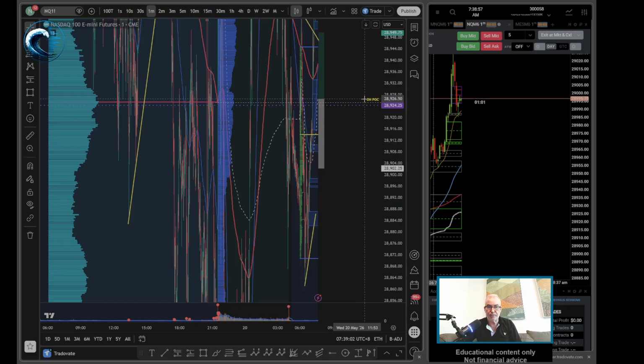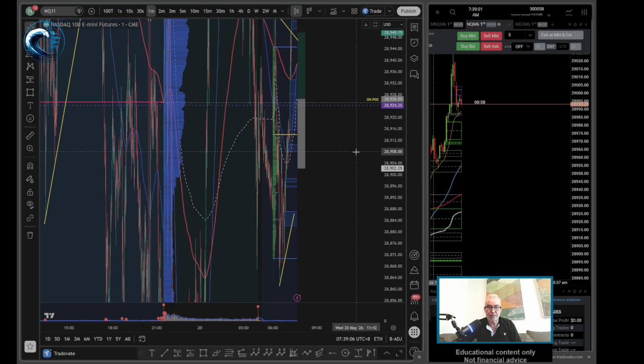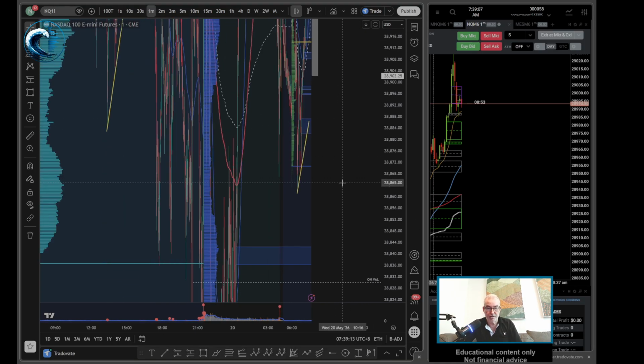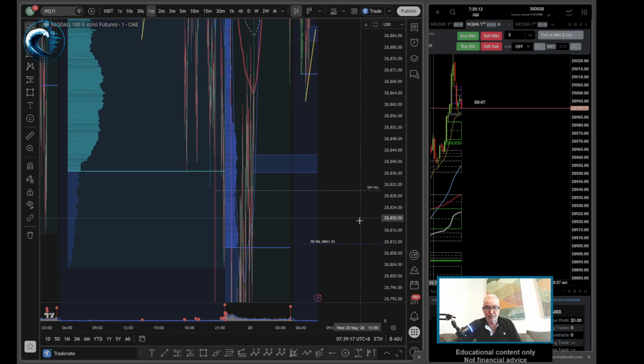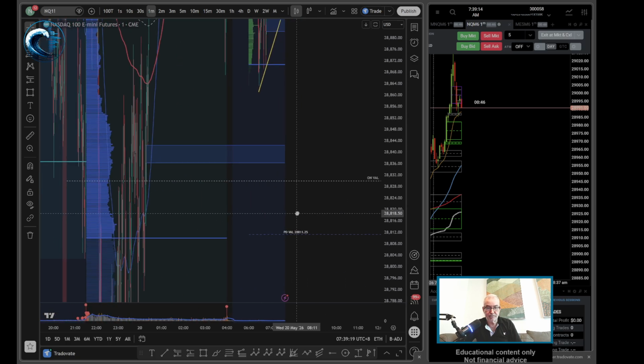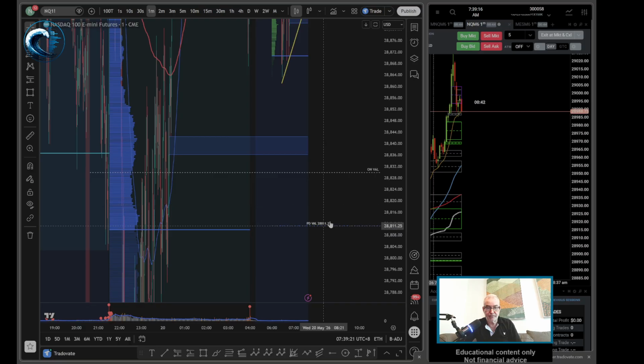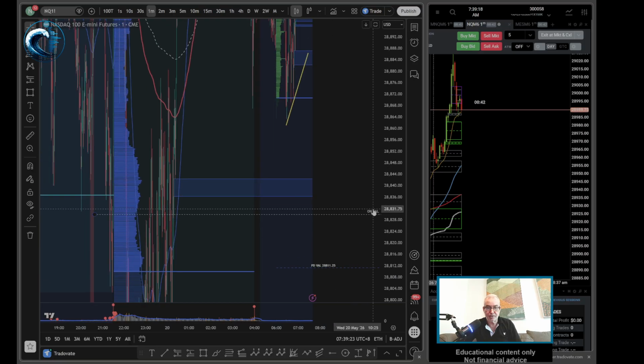No, that was where it was, because it was right on the open range. For some reason that moved. And overnight value lows are out. What the hell is going on here? Previous day VAs, okay.